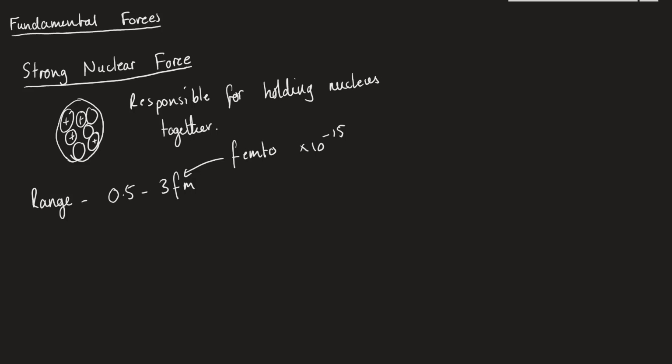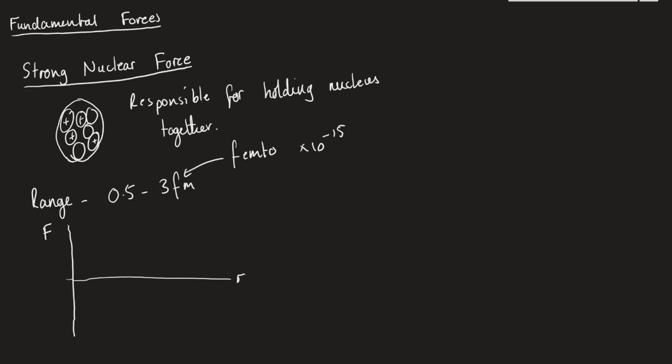Now there's a graph that goes along with this. It's a force against distance, which I'm going to call D. Sometimes you'll see it written as R, just meaning the radius away from the center point. It's probably more accurate to write it as r, so let's do that instead, but it just means distance still.